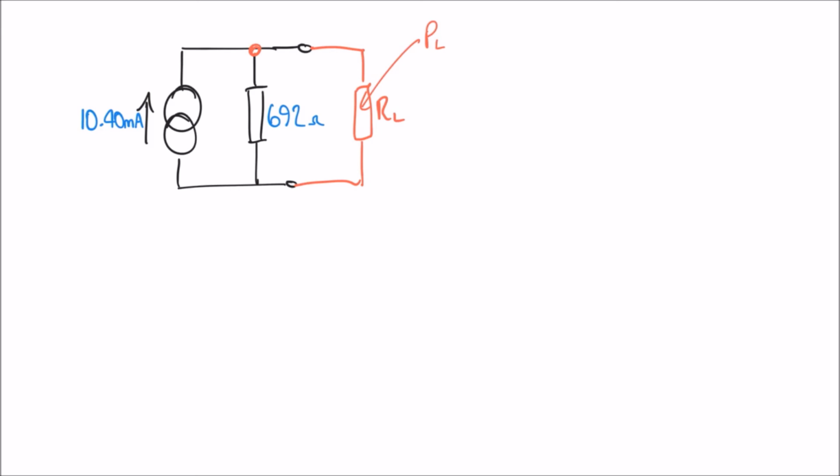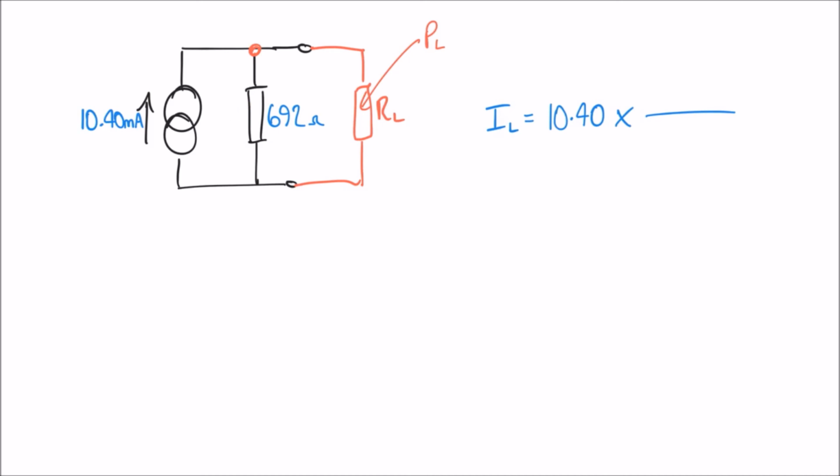So let's do that in this instance, because we can say that the load current, I'll call it IL, is equal to the supply current, 10.40, multiplied by a fraction. Just like before, if we want to work out the current in this particular resistor, the load resistor, then I have to put the opposite resistor on top, in this case the Norton resistor.